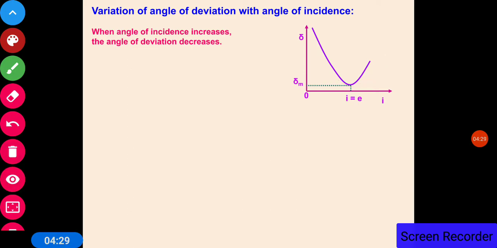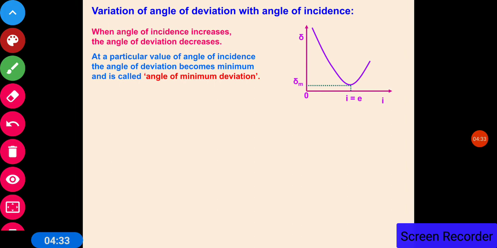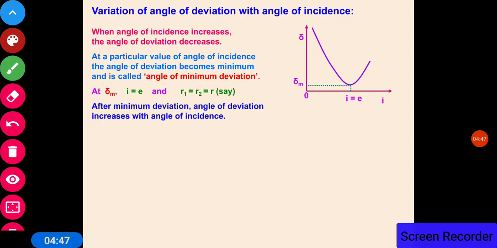At a particular value of angle of incidence, the angle of deviation becomes minimum and is called angle of minimum deviation. At del M, I is equal to E, and R1 is equal to R2 is equal to R. After minimum deviation, angle of deviation increases with angle of incidence.